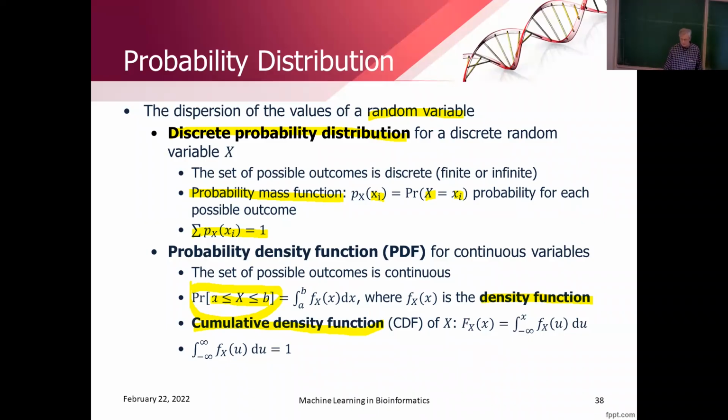This is the probability that the value of the random variable x is at most x. And of course, if we compute the integral from -infinity to +infinity of the density function, we must obtain 1.